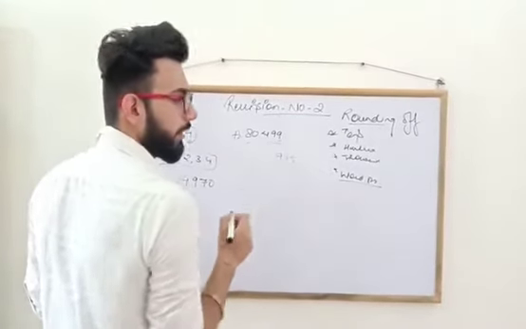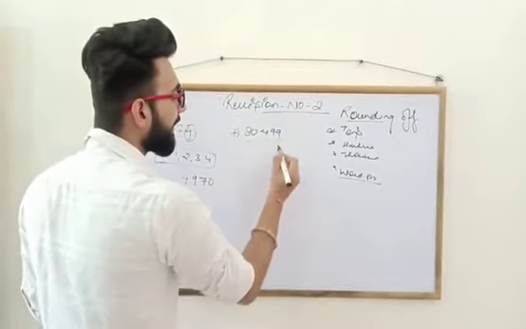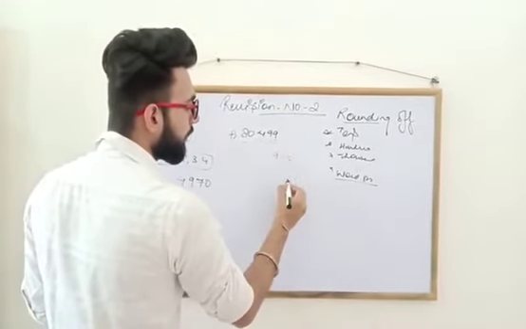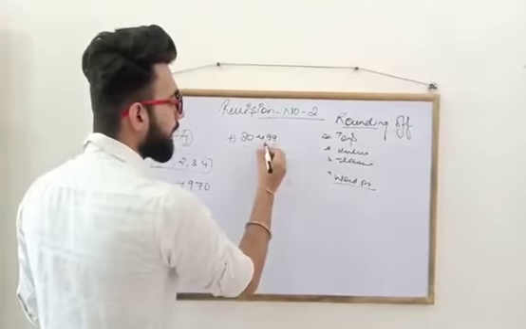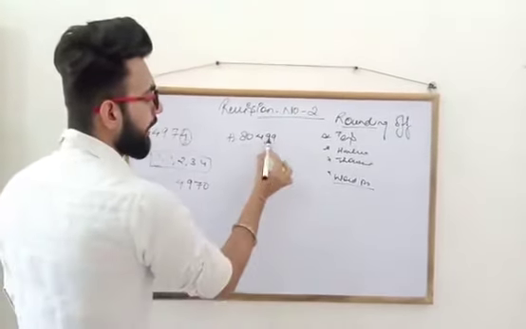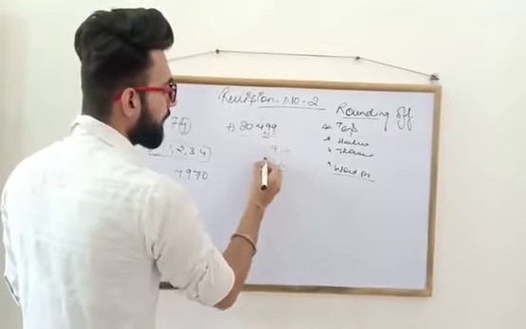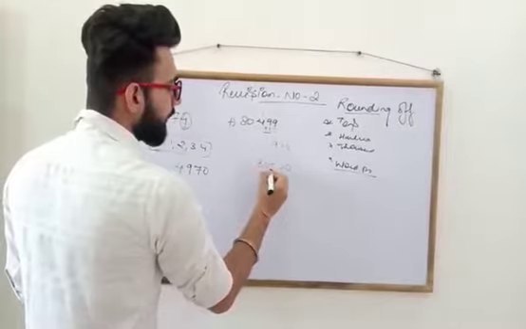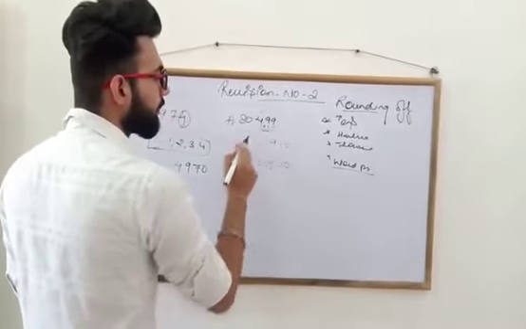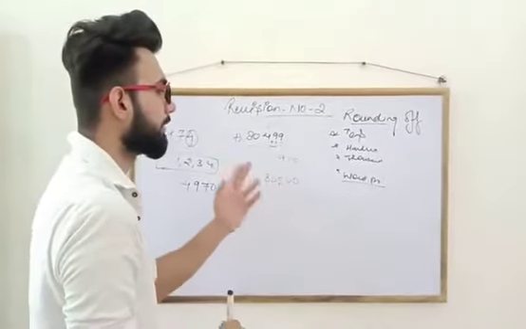If the digit is greater than or equal to 5, we replace the digit at the ones place with 0 and add 1 to the digit in the tens place. So 9 plus 1 is 10, 0 carry 1, this becomes 5 and 0, 8. So 80,500 is the answer. In this manner, we round off digits to the tens place.